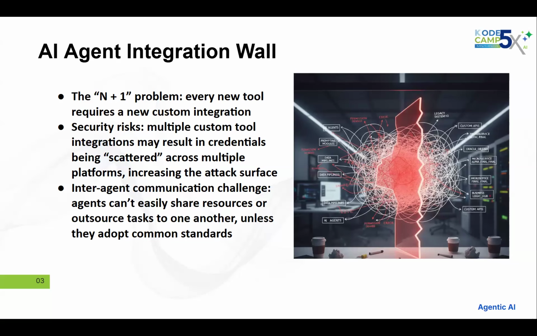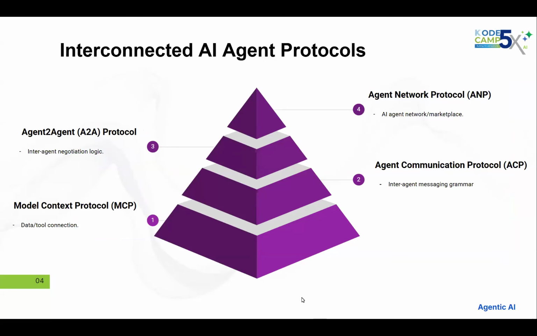This is similar to the early days of computer networking, where each manufacturer built based on their own standards, and resource sharing and information sharing was not so easy, which led to the development of standards like the OSI reference model and then the TCP/IP that is most commonly used today. So now we'll look at the protocols that AI agents use for interconnection.